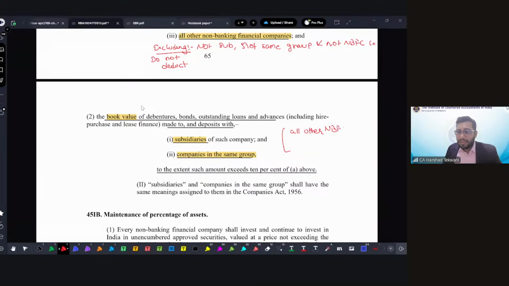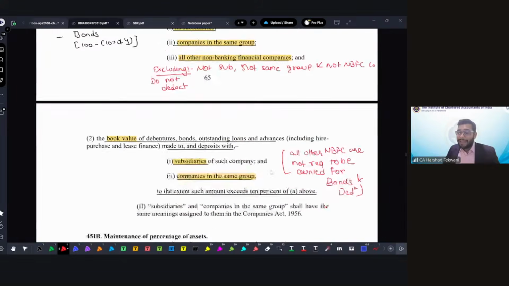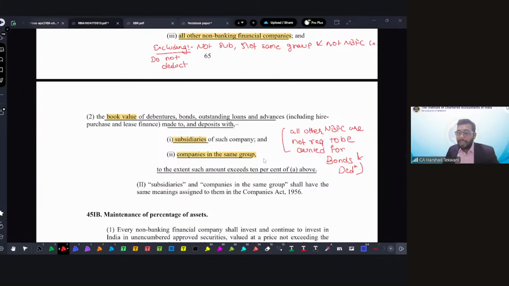all other NBFCs are not required to be counted for bonds and deduction. Over there, in shares, we had all other NBFCs, but here we don't have all other NBFCs.